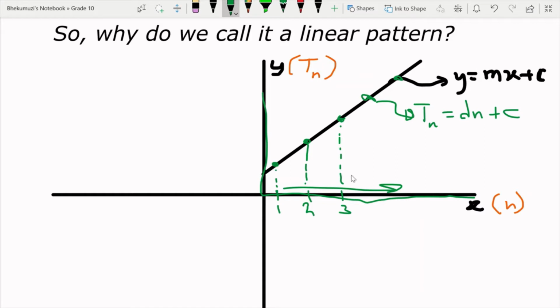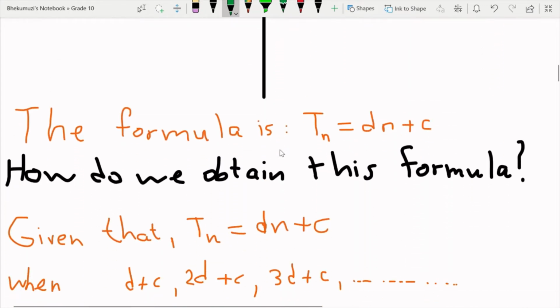When we talk about linear patterns compared to a linear graph, a linear pattern gives you only dots that you can connect to make a line, and not a full line like a function. And it would only be in the first quadrant, okay? That's quite interesting. But the formula, as I'd shown you, is Tn is equal to Dn plus C.